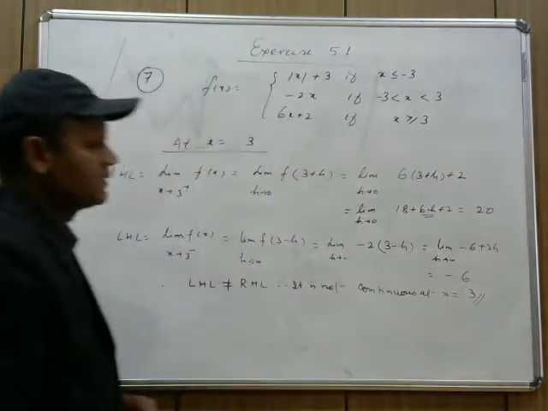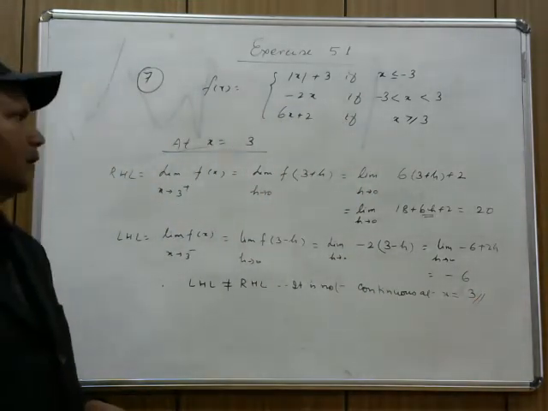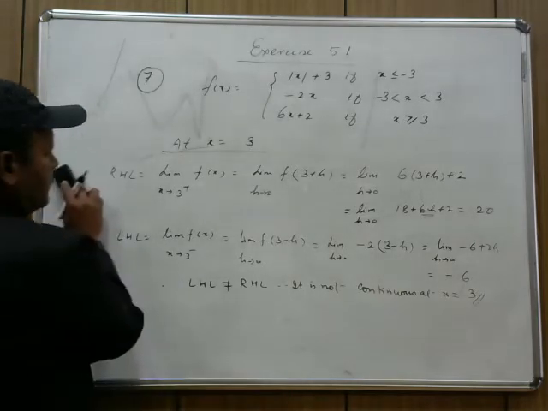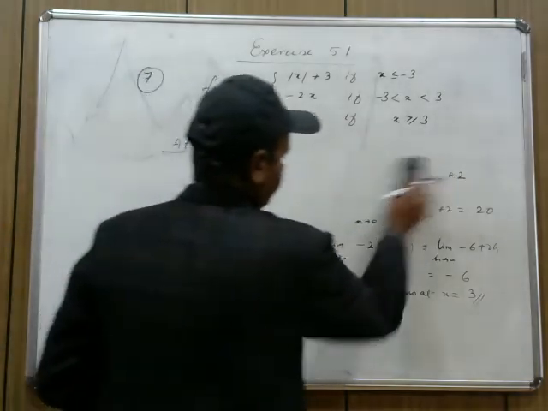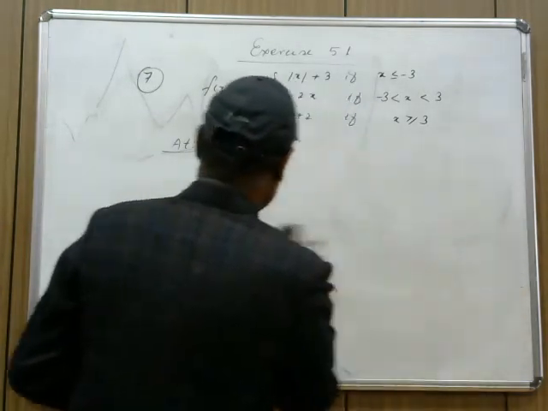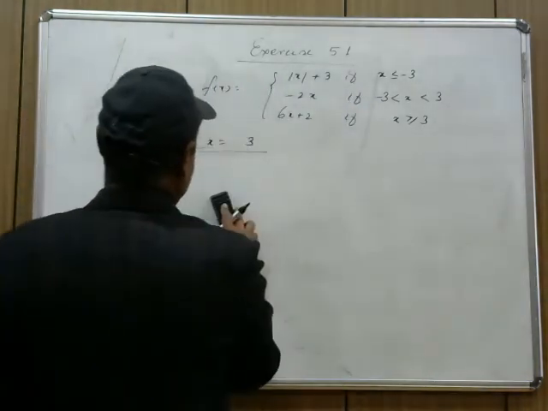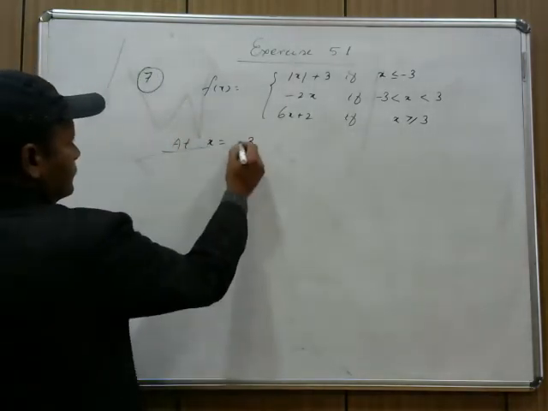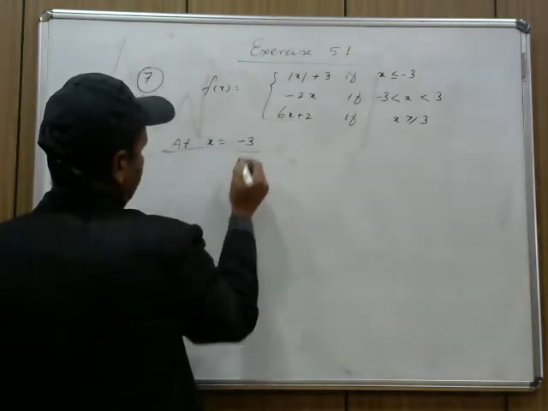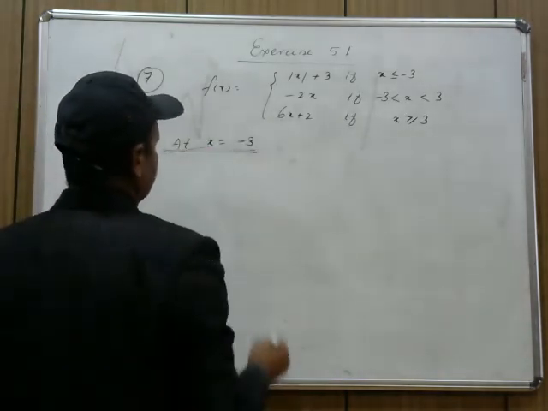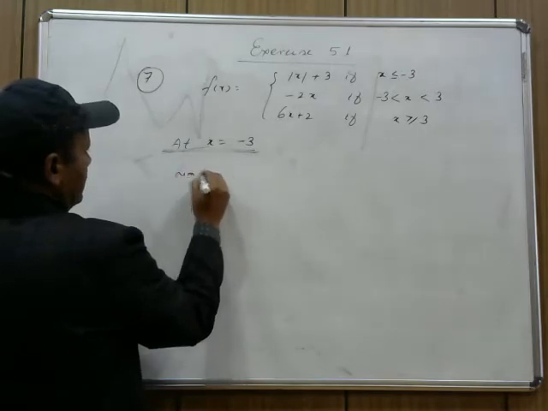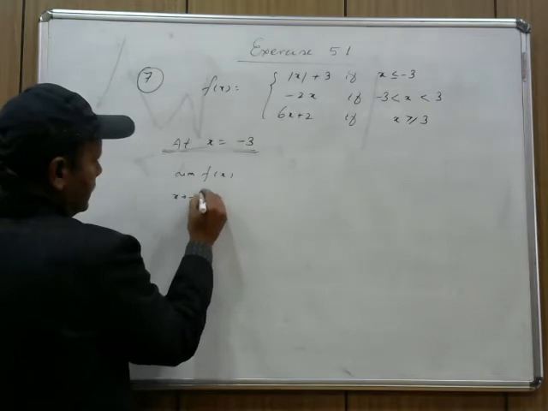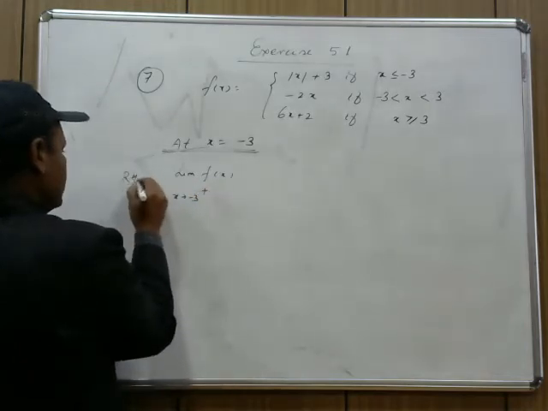Right? Now I'll check the continuity of this function at x equal to minus 3. At x equal to minus 3. Now, limit f(x) as x tends to minus 3 plus, that means I am going for RHL.